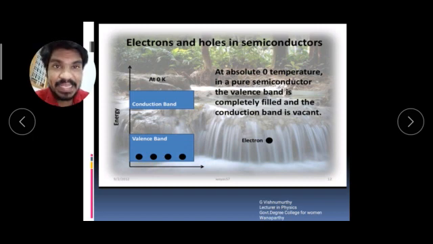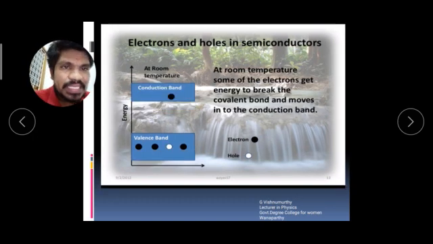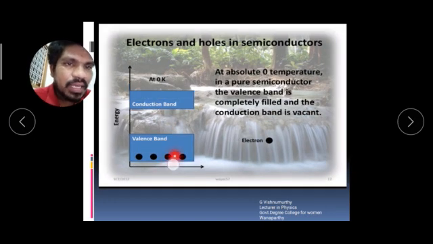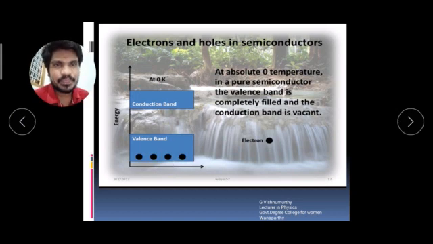When the valency electrons absorb the external energy, they will leave the valency band. Here you see this is the third. For example, I will take the third electron will capture the energy. So that captured third electron will leave the valency band.